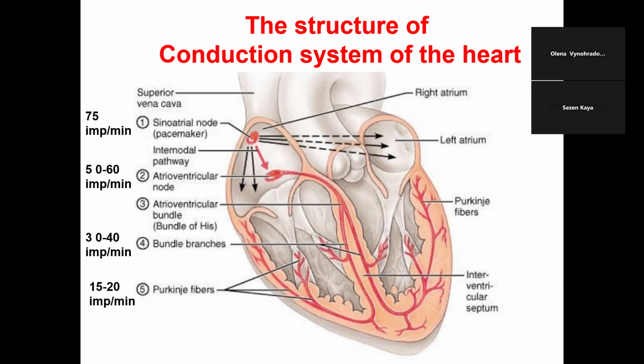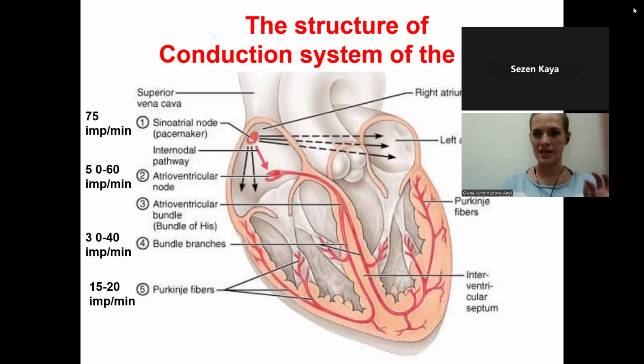An important moment is that each of these elements of the conductive system can produce electrical impulses with a different frequency. The first node is the sinoatrial node, the primary pacemaker. The average quantity of impulses which this node generates is 75 impulses per minute. It is the same for every person.